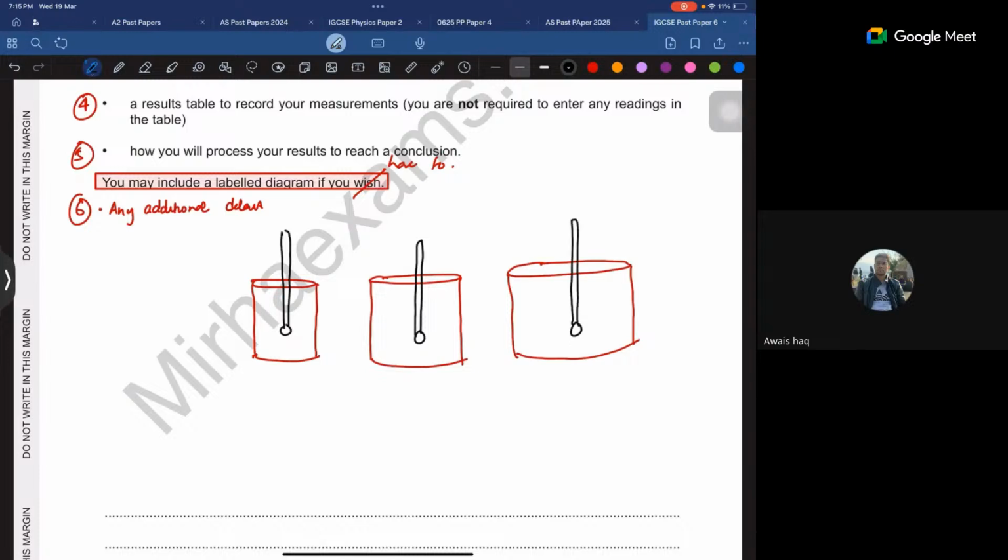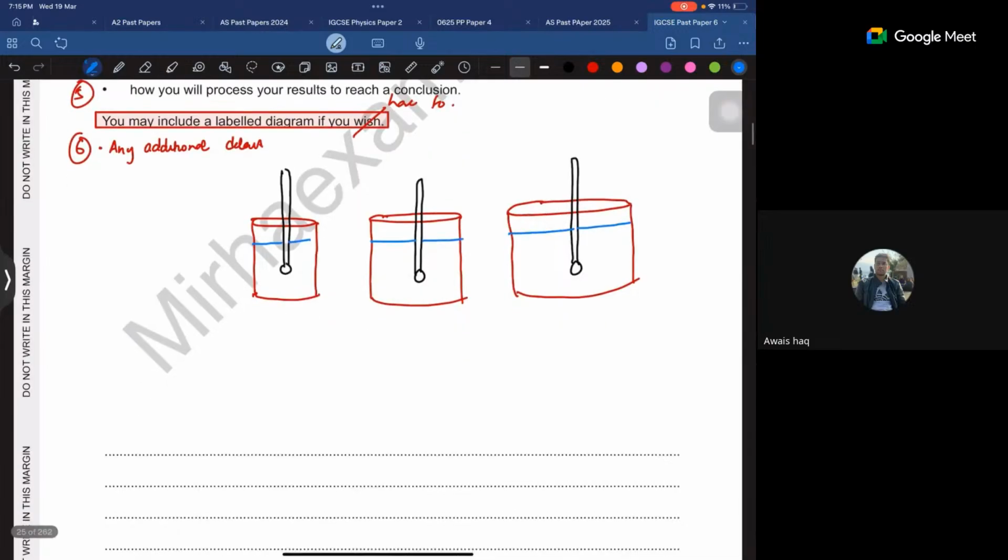Like that. Okay. And some water. Like that. Okay. Now let's answer the questions. Oh, sorry. By the way, you have to label this as well. This is a beaker. This is a thermometer. And this is water.